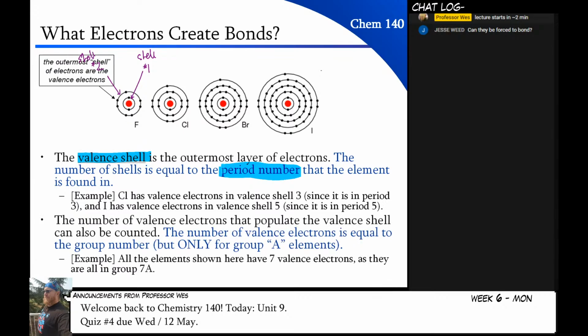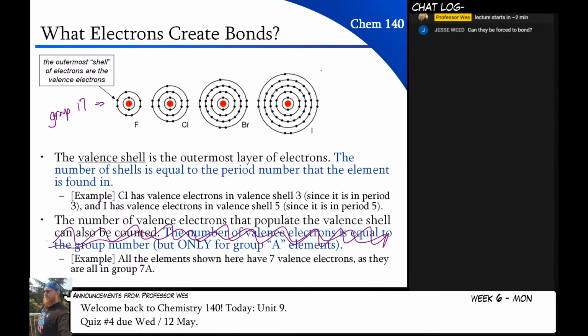Now, the number of valence electrons in each shell is going to be given by the group number. So for instance, all of these elements are in group 17. There's information down here that talks about A group and B group elements, but we're not really going to be using A and B group elements.